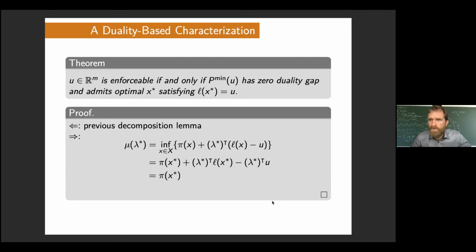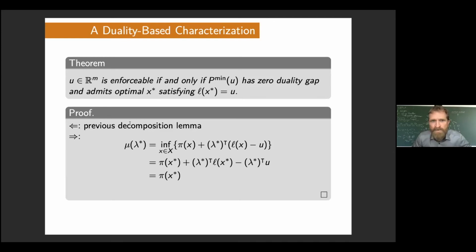Good. So given this, we have this theorem. The capacity vector U is enforceable if and only if this master problem has zero duality gap and admits an optimal solution where this inequality is tight. So let's prove it. The reverse direction, we have just seen this lemma where we decompose the Lagrangian.